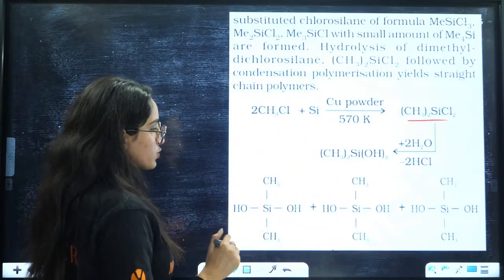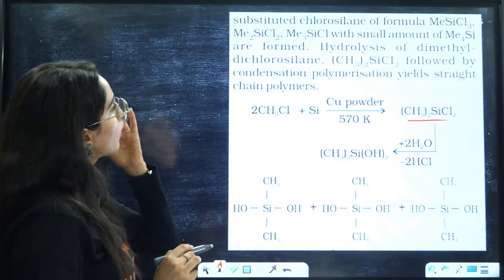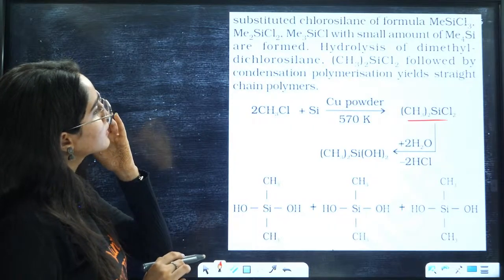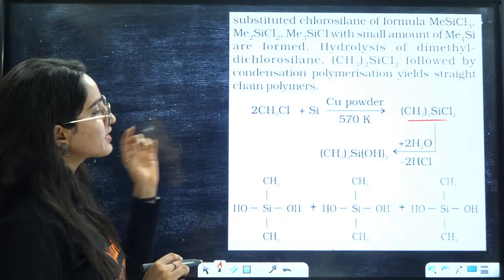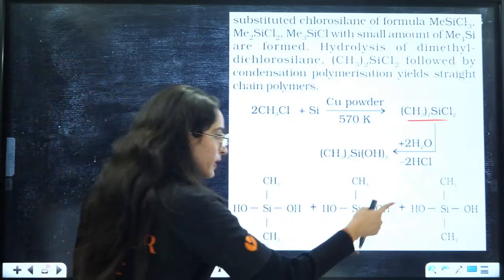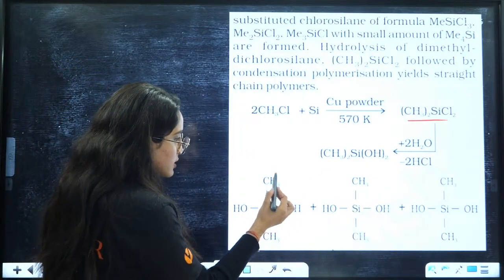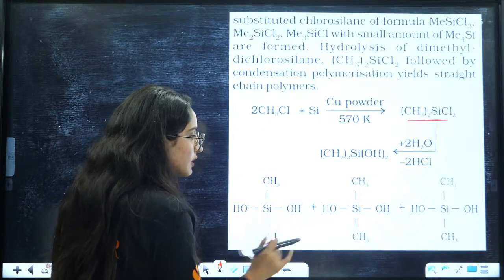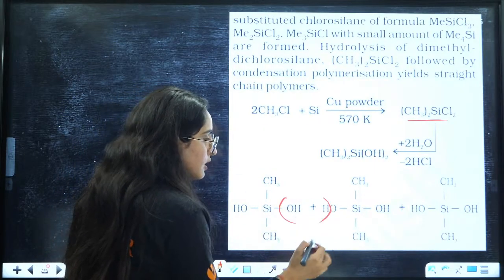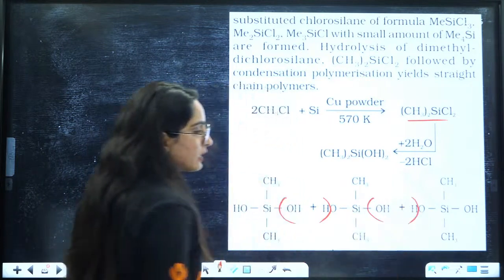In silicones, hydrolysis of dimethyl dichlorosilane followed by condensation polymerization yields straight chain polymers. From here you will have silicon with CH3, OH, OH, CH3. After this there will be condensation, that means water will be eliminated.